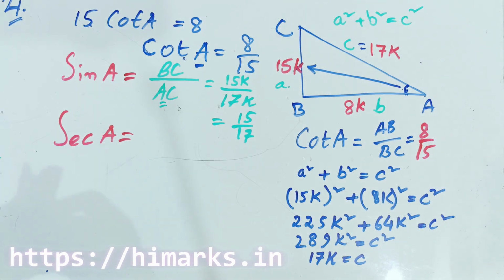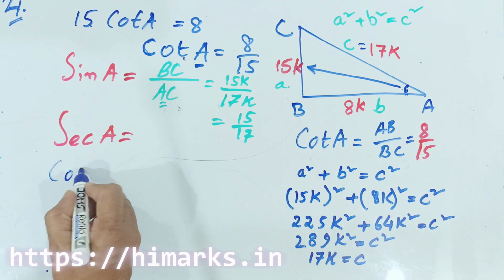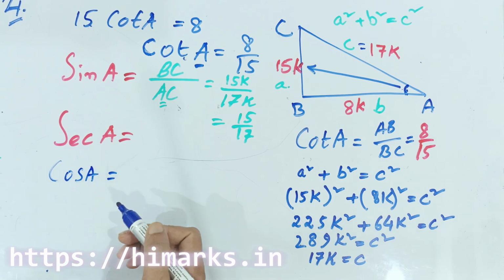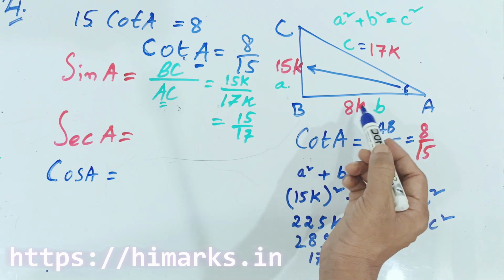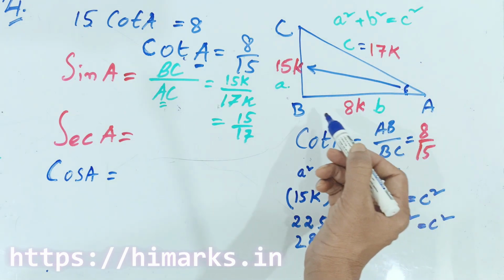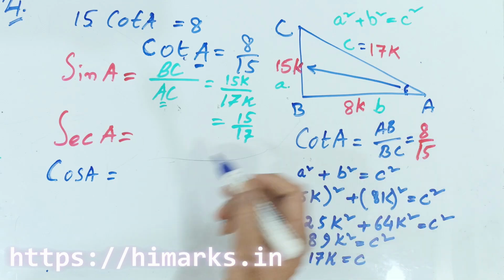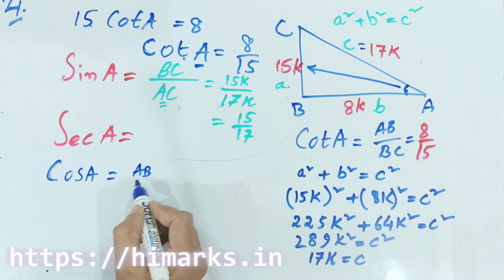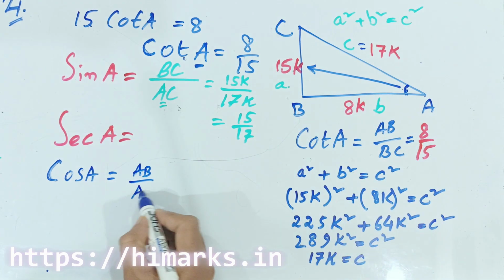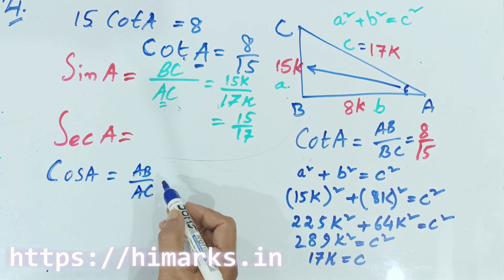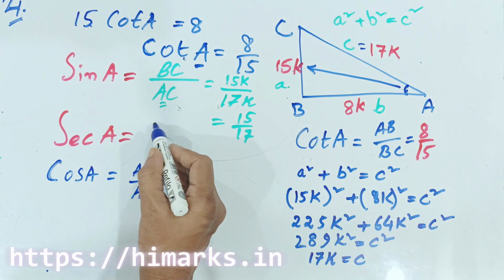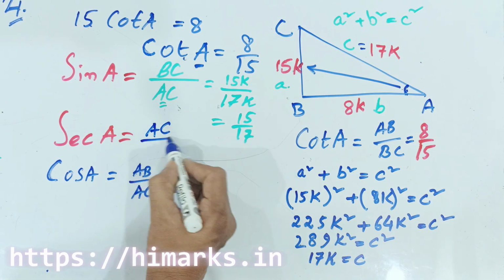Moving to sec A. Sec A is the inverse of cos A. So let us write what is cos A. Cos means base by hypotenuse. Base here is AB, hypotenuse is AC. This is cos A. Sec will be the inverse of cos.